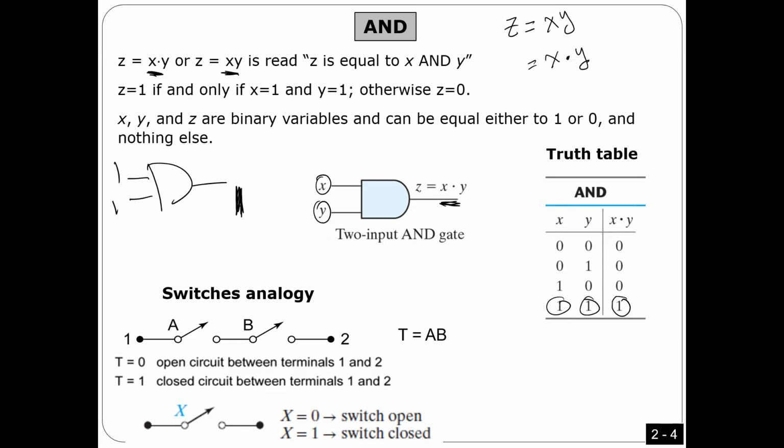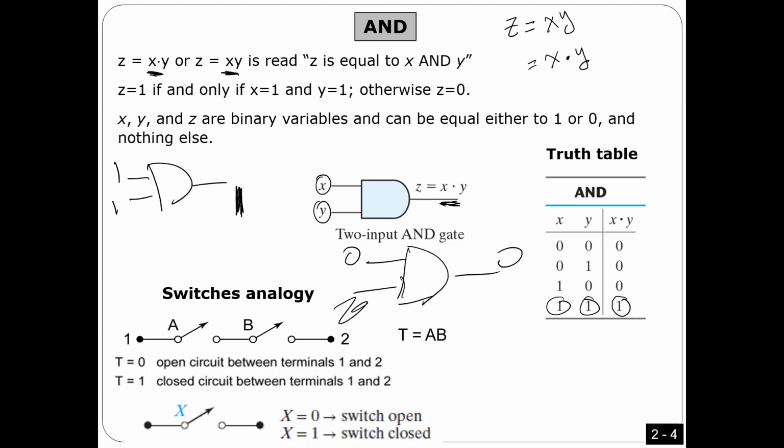If I have a gate and I know one input is 0, don't look at the other one, it's a 0. Once you find one input 0, don't think about it, it's 0. I don't need the second one. You understand what I'm saying? So again, the only way to get 1 is when both of them are 1. If at least one input is 0, again, this is how AND works.